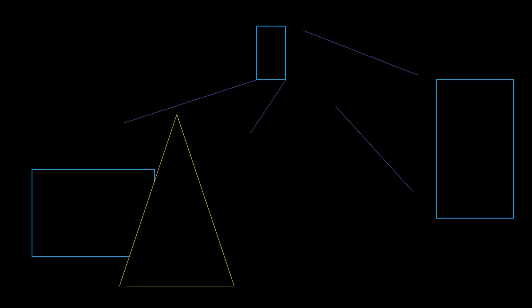Before, when we had the yellow triangle, we couldn't tell which of the big blue rectangles was further forward. We knew that the wee one was in the background, but we couldn't really get an idea. But now we can definitely tell that the triangle is in the foreground.